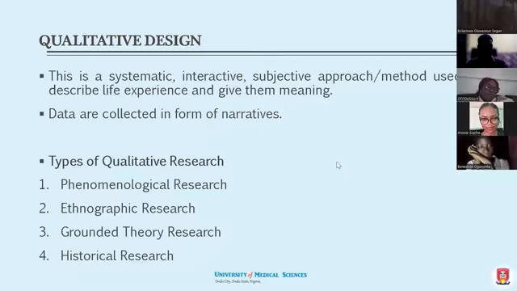narratives, because you are collecting subjective data from your study participants. You are collecting subjective data.